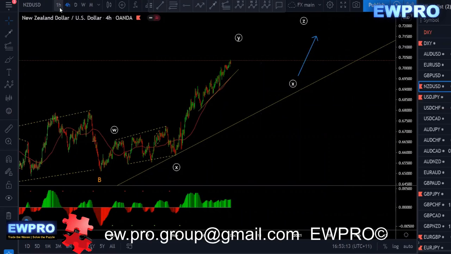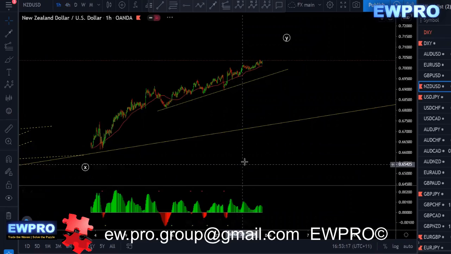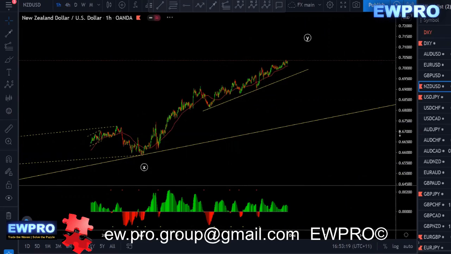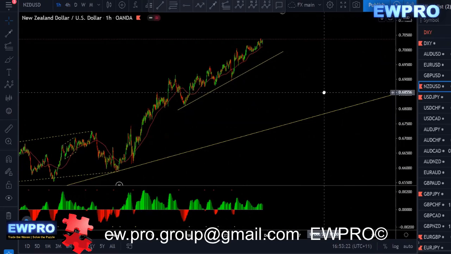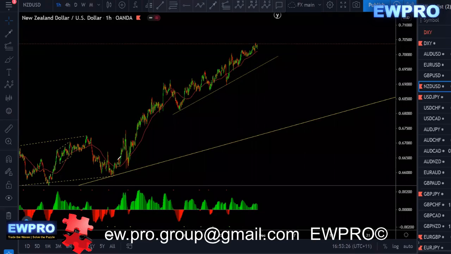At this stage, H1, there's a lot of bearish divergence. Again, this may give a flat here. See, we got this sharp move down here, and then a sharp move down there. So we can look at that as maybe the flat in there, or we may get another possible flat here.